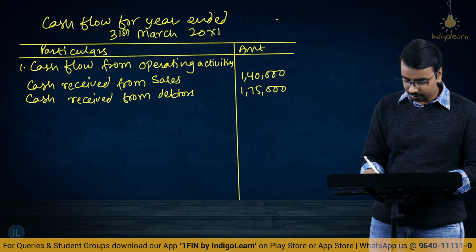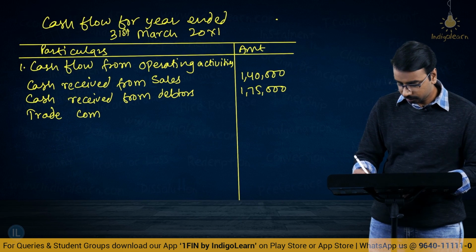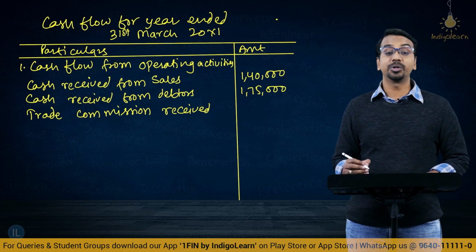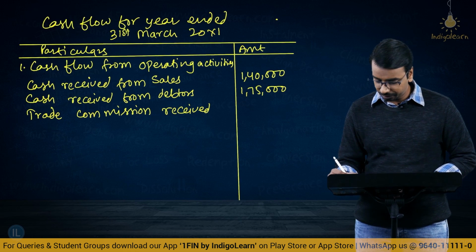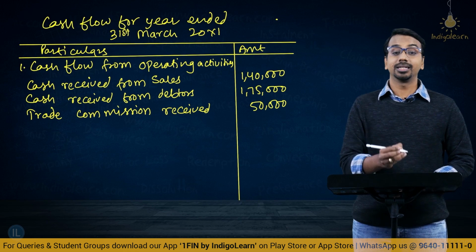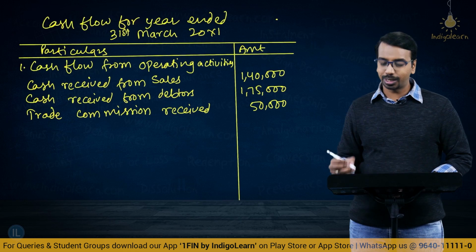Then the next item you have is trade commission received, and the amount given to you is 50,000, right? Are there any other cash inflows related to operating activities? No. So this is my total inflow.